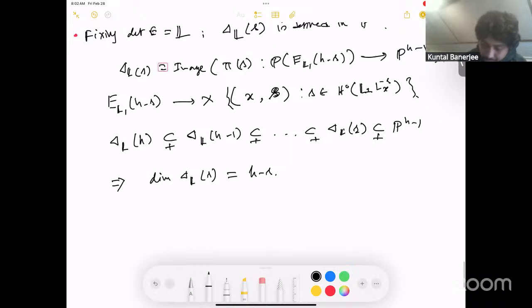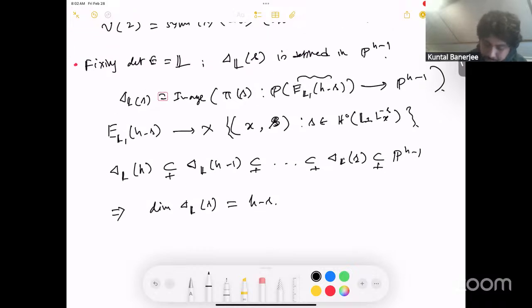So this bundle is of rank h minus s, and its projective bundle has dimension h minus s.